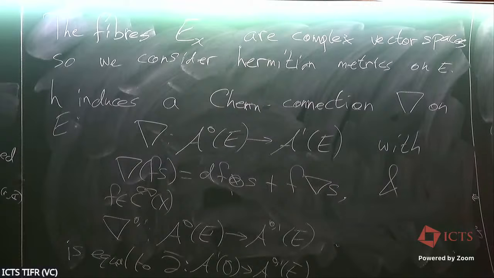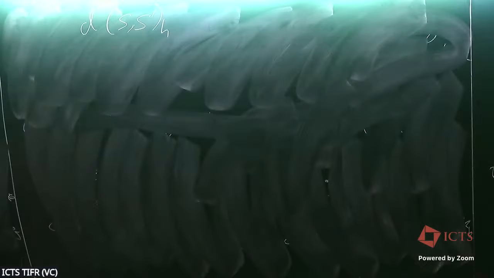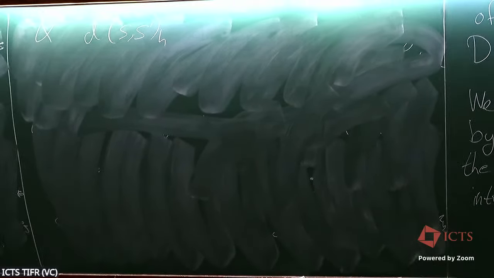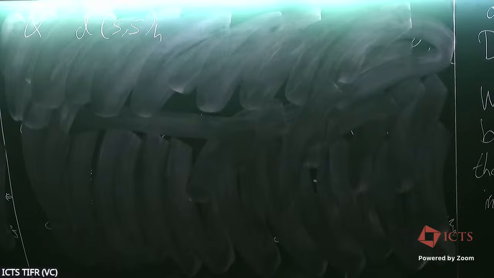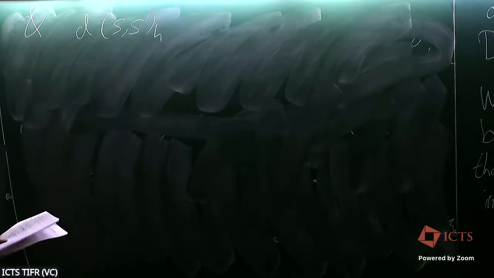And as I said, we also need compatibility with the Hermitian metric. That's going to look, again, kind of similar. So d of h(s, s'), if I've got two sections of my bundle, I can use the Hermitian metric to induce a function, which is just the pairing of these things. It's a function, so we can take its differential.